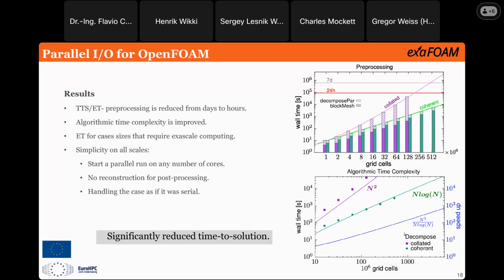But as I progress to case sizes of 1 billion cells, which are really exascale relevant, then I start getting 2 or 3 orders of magnitude. Again, that's extrapolated here, theoretically reasoned, let's say. Nobody actually wants to demonstrate that. But you see my point, I think.